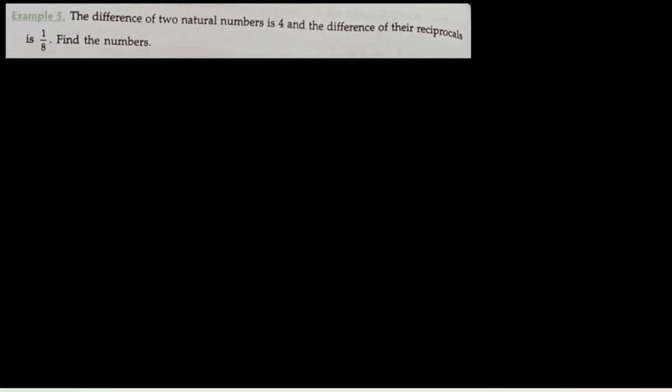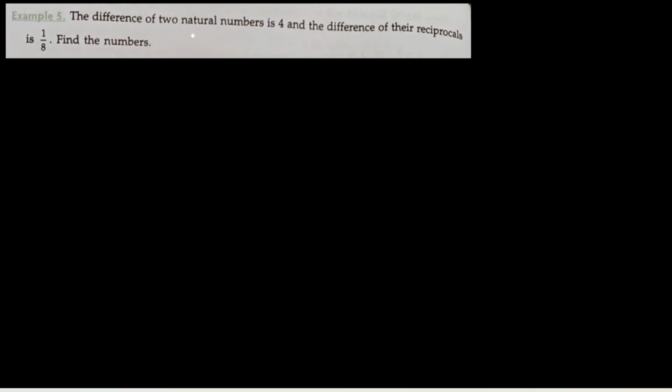Are you all able to understand? Okay, let's do this one then.